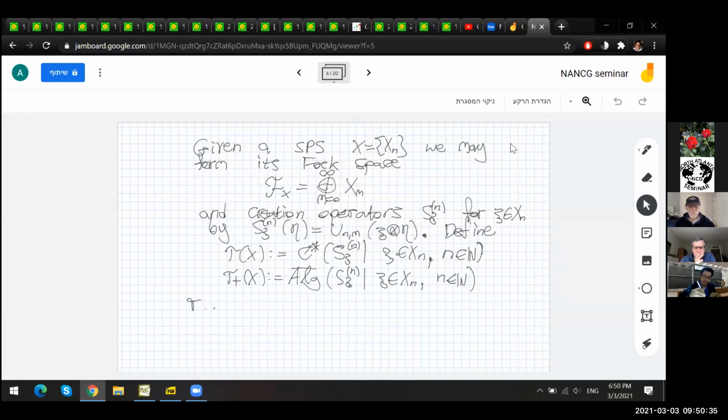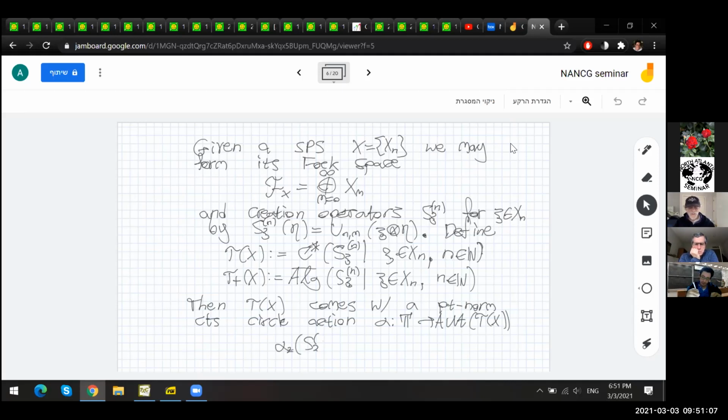Then the Toeplitz algebra of the subproduct system comes with a point-norm continuous circle action alpha of the unit circle into star automorphisms of this Toeplitz algebra, given by alpha z of S psi n equal to z to the n times S psi n.